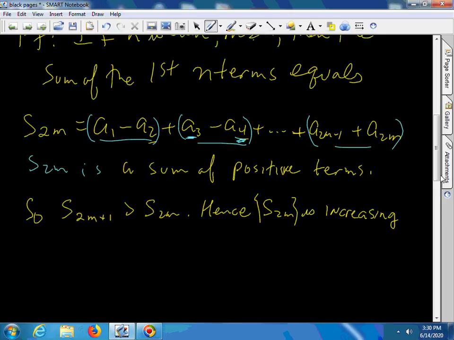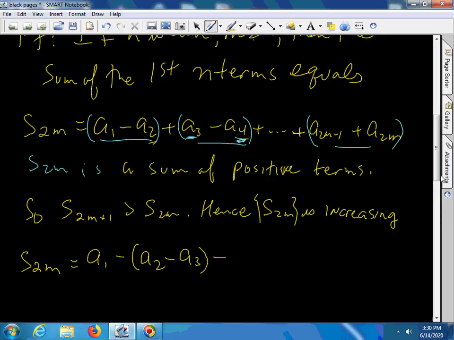Now, let us look at this. S sub 2m we know is a1 minus, well, I'm supposed to take away a2, but I'm supposed to add back a3. If I have a minus in front, I basically take away a3.